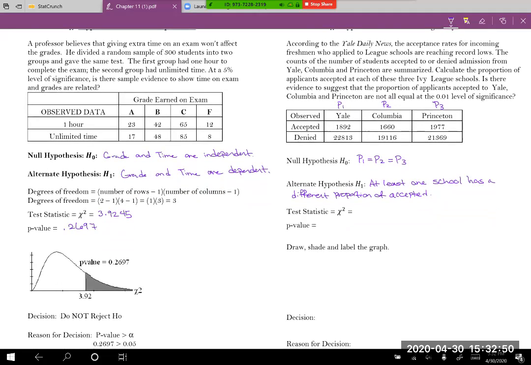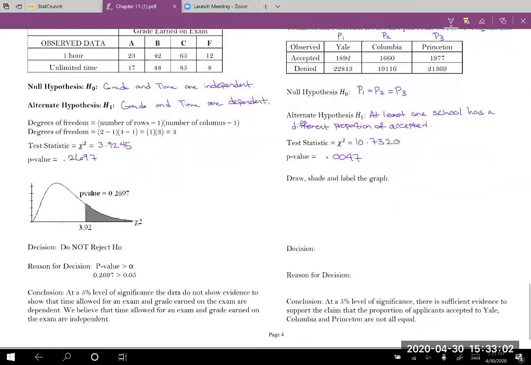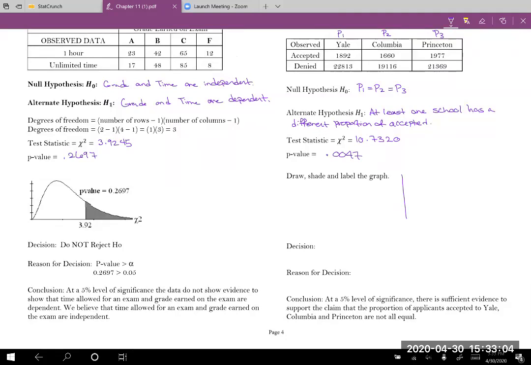So let's write down what we have. The chi-square value I got is 10.7320. P-value is 0.0047. And you can show the graph. It's a chi-square distribution. A very small area in the tail is going to be shaded because the p-value is 0.0047, which is really small. So let's now make a decision.